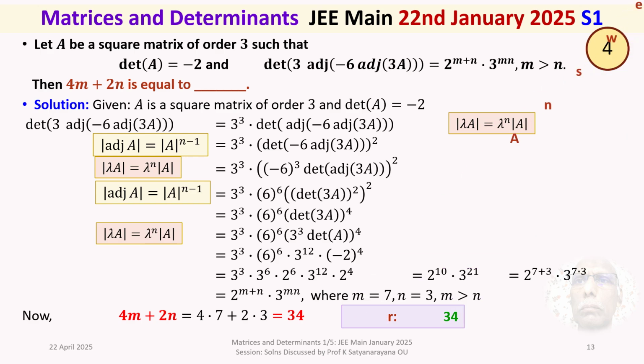That is the detailed discussion of the solution of this problem. In this, the properties of the determinants involving adjoints are used. So the moral, the lesson you learn from this, is that you must know all the properties of the determinants involving adjoints and the properties of matrices and so on and so forth.